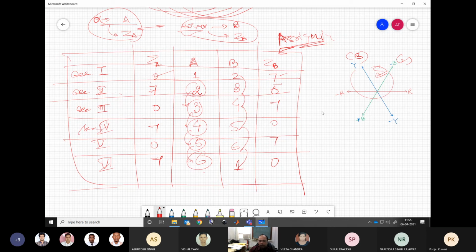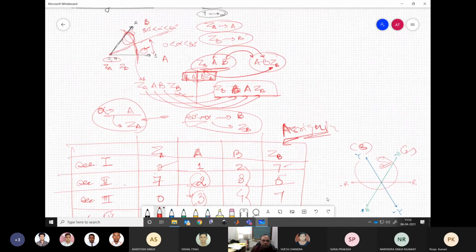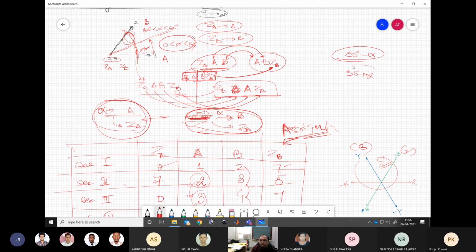And apart from this, if you maintain the symmetry within the sector, which means for any vector applied at alpha, you apply its dual at 60 degree minus alpha. Sorry, not 30 degrees plus alpha. So if something is at 30 degree minus alpha, then the dual must be at 30 degree plus alpha.